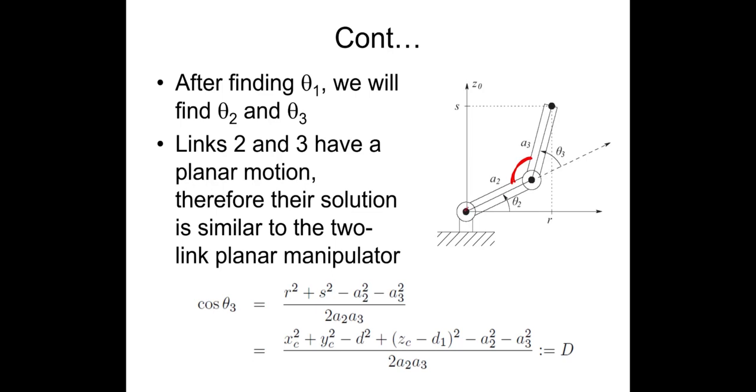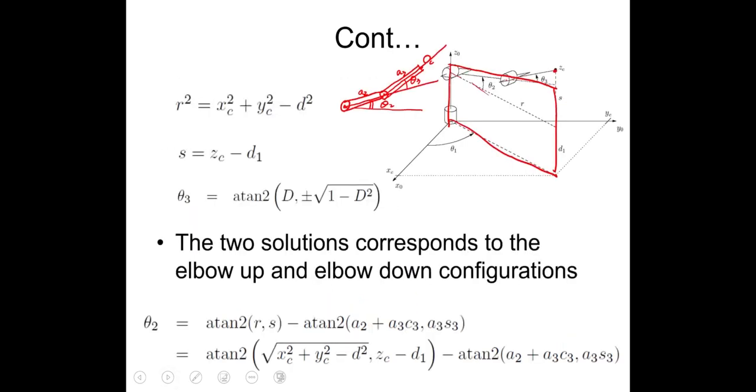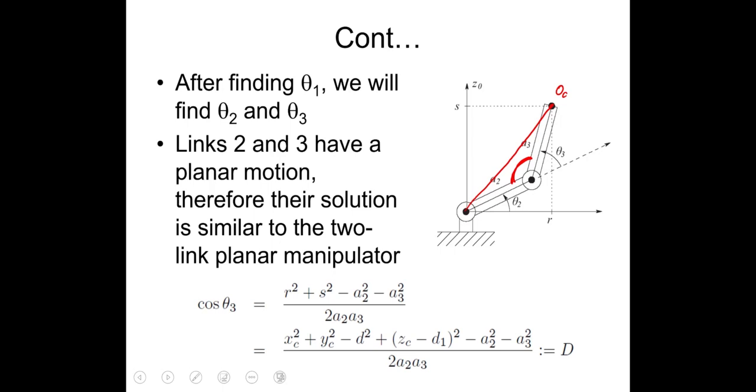And I also would like to draw a line connecting OC, which is the spherical wrist center, and this is the center of joint 2. So if we draw a line right here, in 3D it corresponds to a line from the center of joint 2 to OC. Then we can use this triangle to quickly analyze this angle.